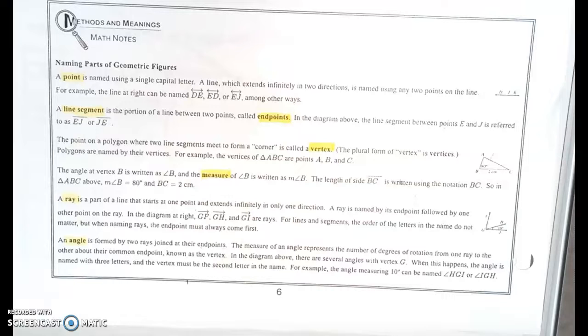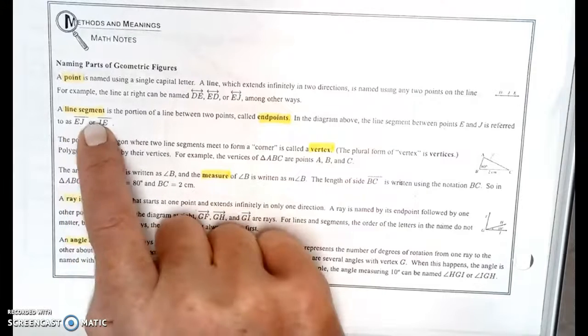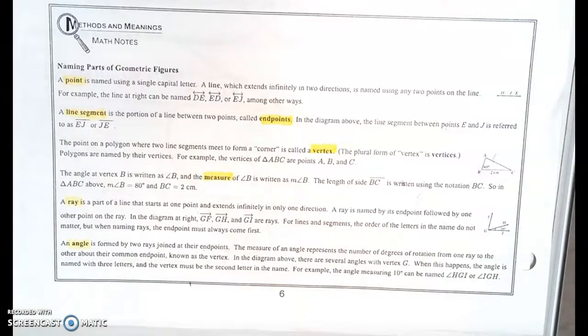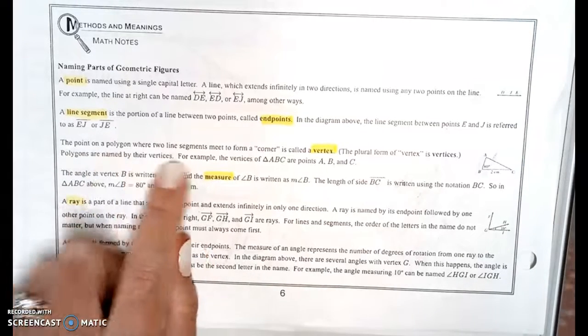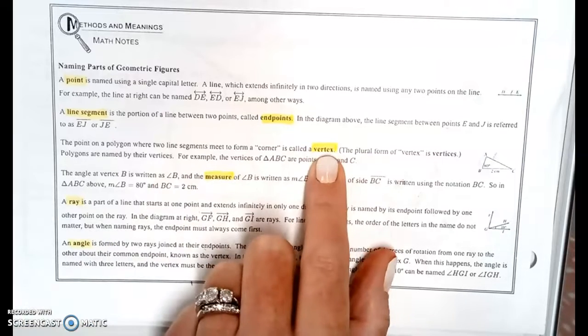A line segment is the portion of a line between 2 points called endpoints. In the diagram above, the line segment between points E and J is referred to as line segment EJ or line segment JE. The point on a polygon where 2 line segments meet to form a corner is called a vertex.